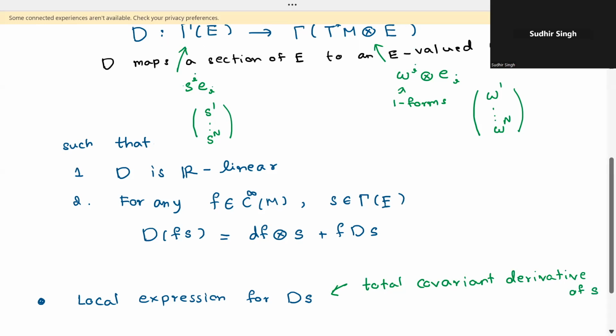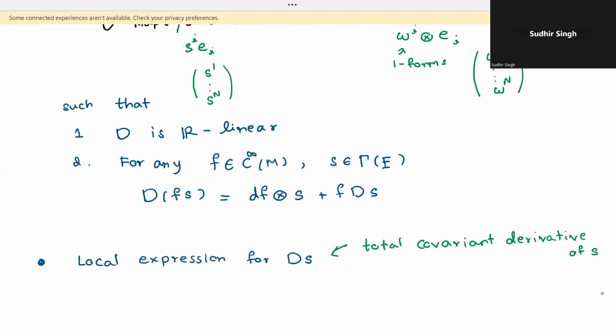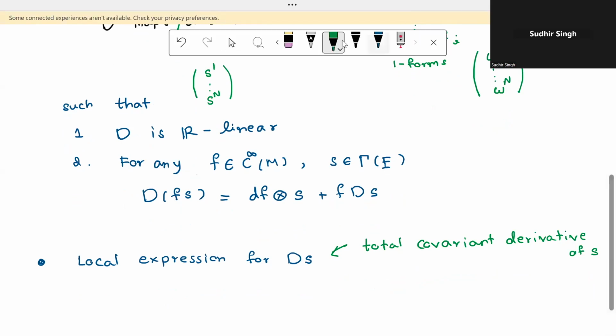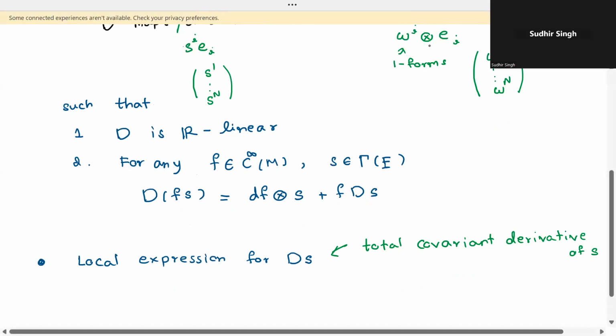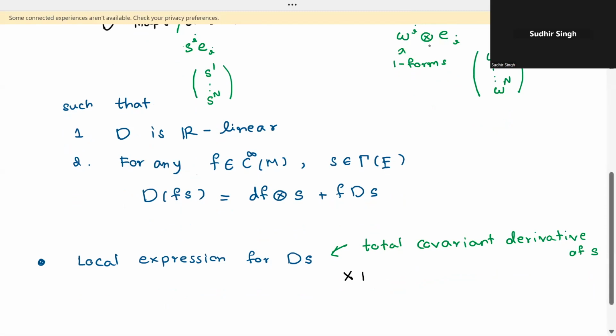Often, instead of looking at the total covariant derivative Ds, we just look at the contraction of the total derivative with a tangent vector field on the manifold.